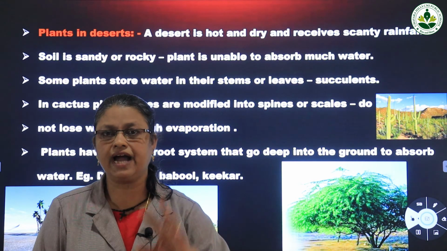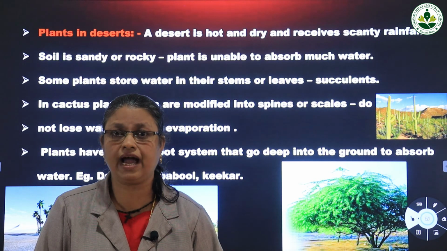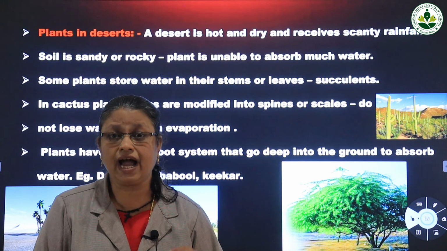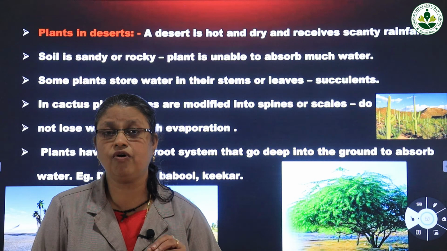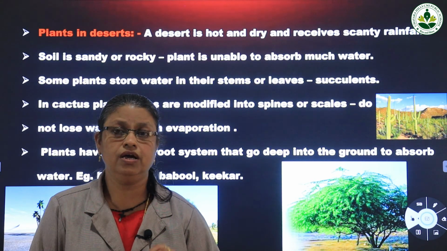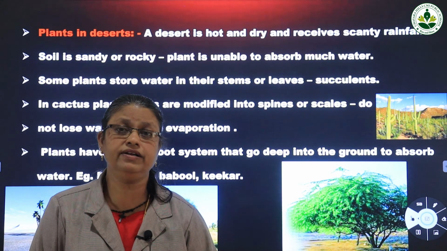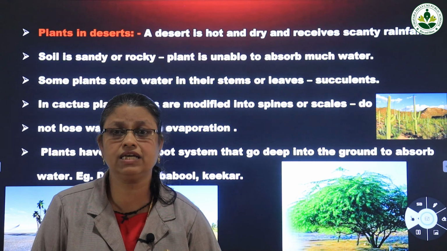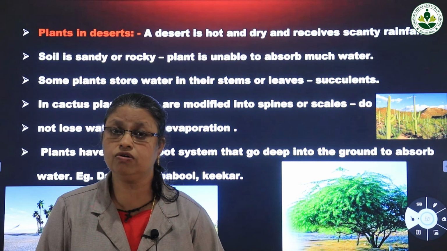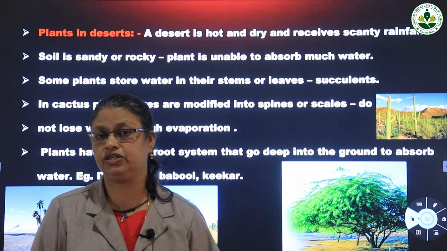For example, in cactus plant, in your house and all there is cactus plant, isn't it? So in cactus plant the leaves are modified as spines, and in some desert plants the leaves are modified as scales to reduce the loss of water by evaporation.